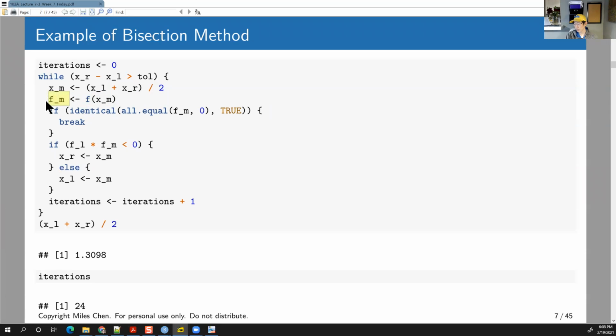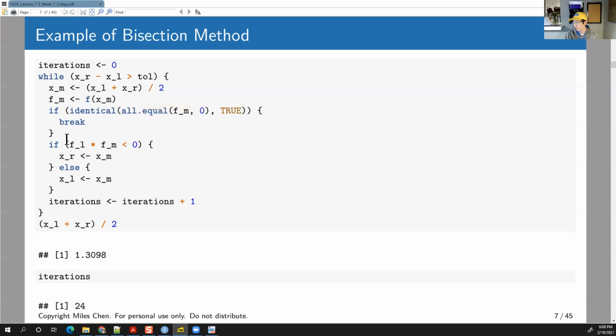If f at the midpoint is equal to 0, and we're using allclose for equality, because this allows for things that are approximately 0, within the machine tolerance, then we'll quit out of our loop.